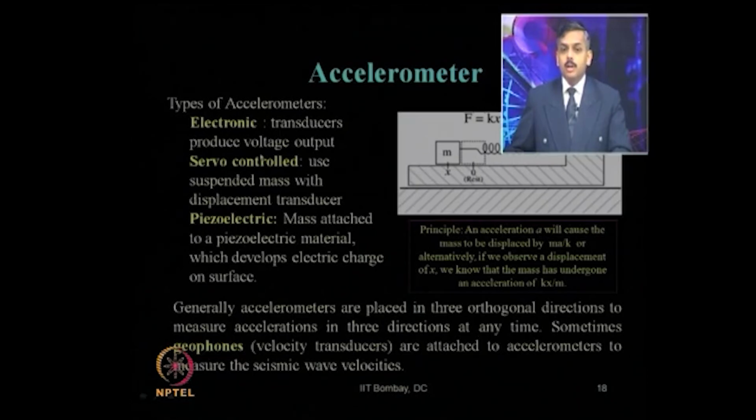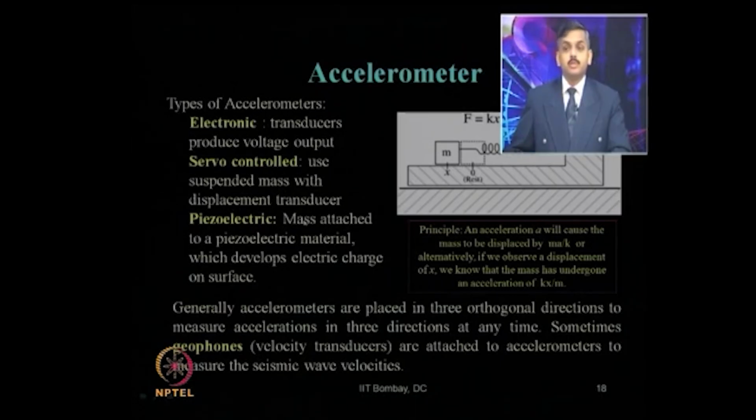In electronic accelerometer, the transducers which are used produce a voltage output, and the change in the voltage output will be calibrated and correspond to some value of the accelerations with respect to time. Whereas, in servo controlled, it uses a suspended mass with a displacement transducer.